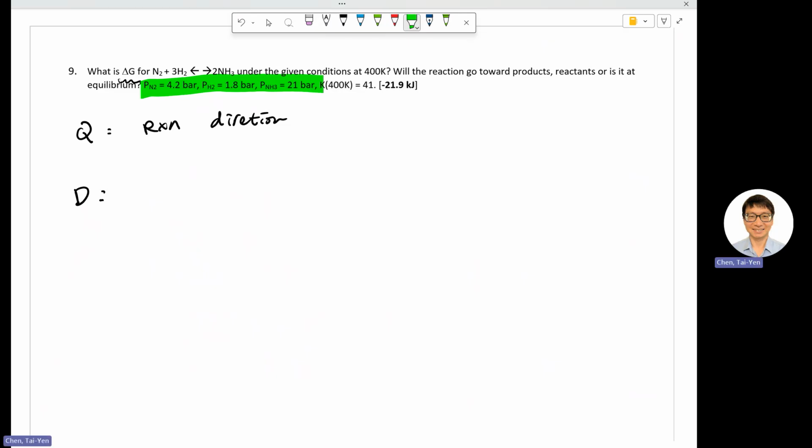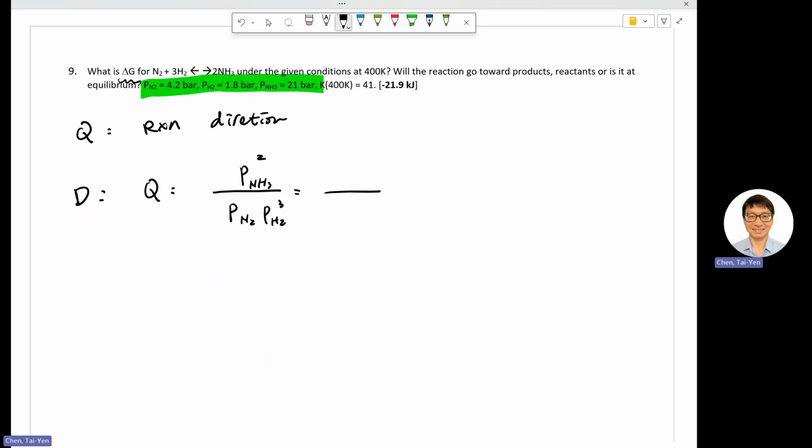It gives you a whole bunch of information on your reaction and product, right? That means it asks you to calculate the Q again. It's the same equation: the pressure of your NH3 squared, pressure of your N2 to the first power, pressure of your H2 to the cube.